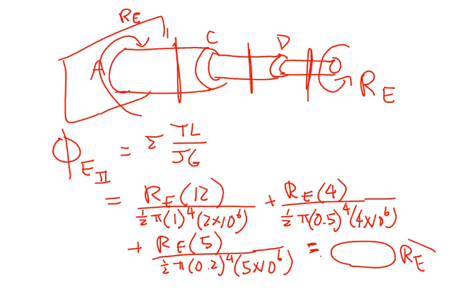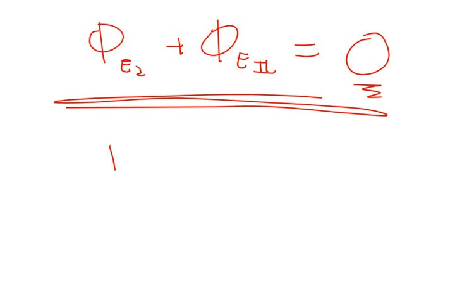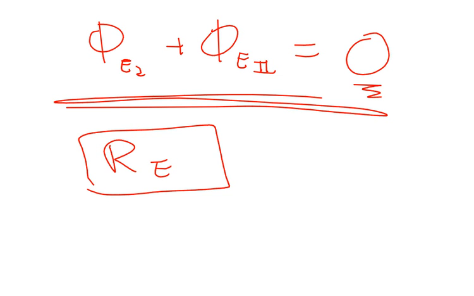What happens when you combine these is you say phi at E from part 1 plus phi at E from part 2 have to add up to 0 because there's no actual deflection. If you look at that equation, the only unknown is RE. So find RE.